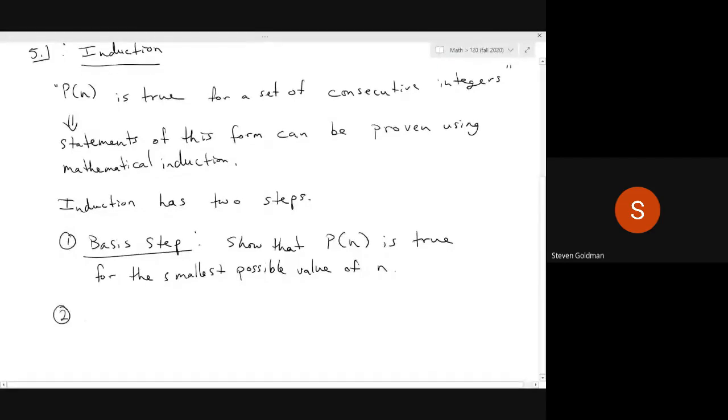In the second step of mathematical induction, this step is called the inductive step.